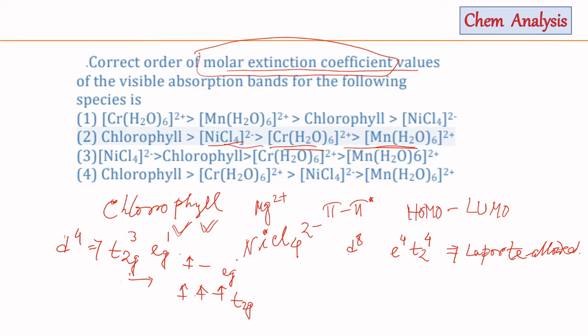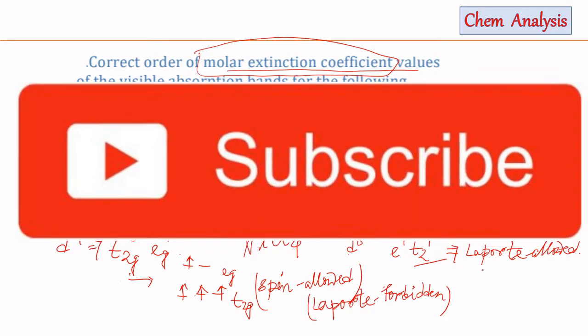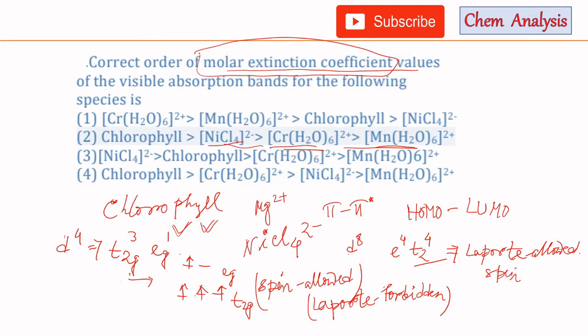The electronic transition will be spin allowed but Laporte forbidden, and in a tetrahedral complex it will be both spin allowed and Laporte allowed. So, in the case of a tetrahedral complex, the electronic transition will be more intense and the molar extinction coefficient will be higher than that of an octahedral complex. Now, there is another complex, that is Mn(H2O)6 2+.